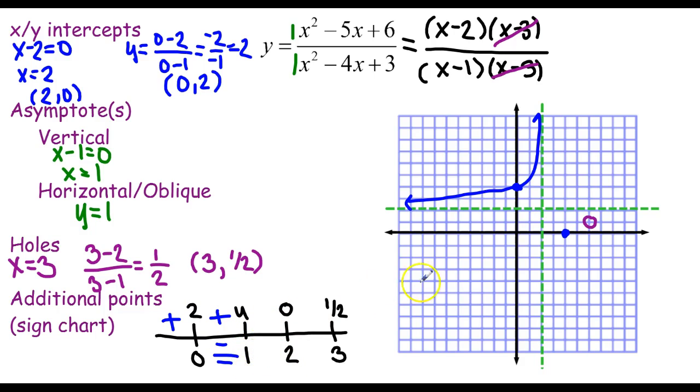But now between 1 and 2, so between my asymptote and my x-intercept. Maybe this time I pick 3/2. 3/2 minus 2, that's going to be a negative number. I'm sorry, that's going to be a negative number.